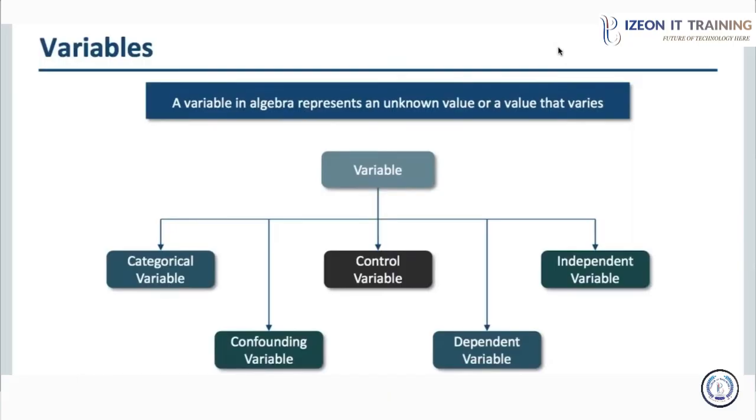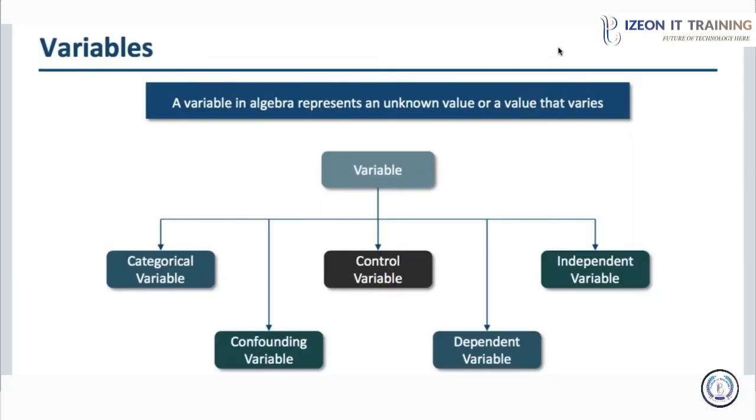For example, if you are trying to measure the growth of plants in a simulated environment, you can keep the amount of sunlight as a control variable. If you keep varying the sunlight, the analysis on your plants may have varied effects. Those variables are called control variables.